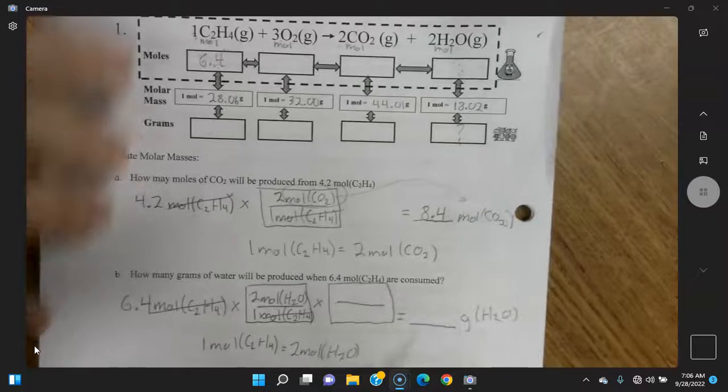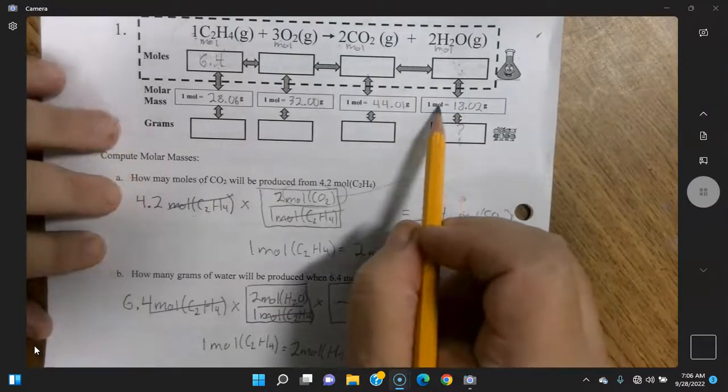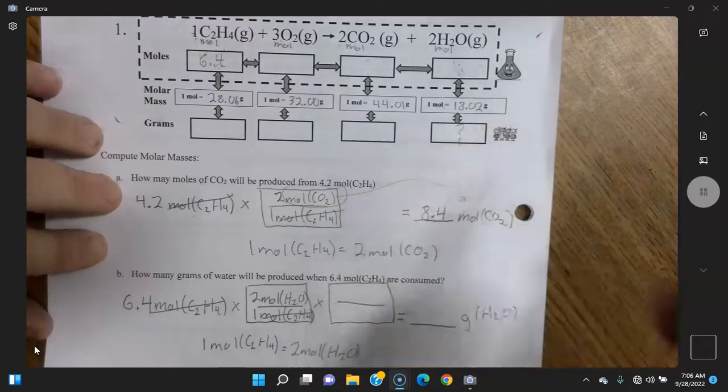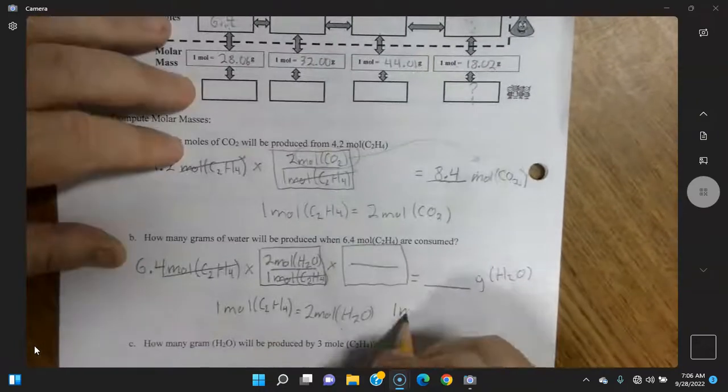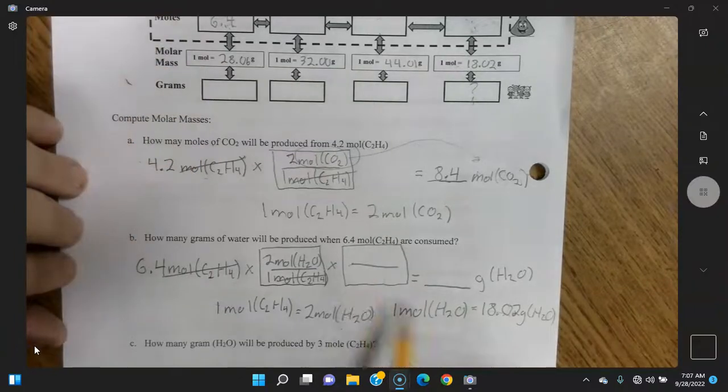Now our second conversion is the molar mass. Anytime you're going up and down, it's the molar mass. 1 mole of H2O, you have to write that, 18.02 grams of H2O. So we're going to write that down here. Okay, those 2. Which one goes on top? Which one on bottom? You need moles of H2O to cancel out. So since it's up here, it needs to be down here.